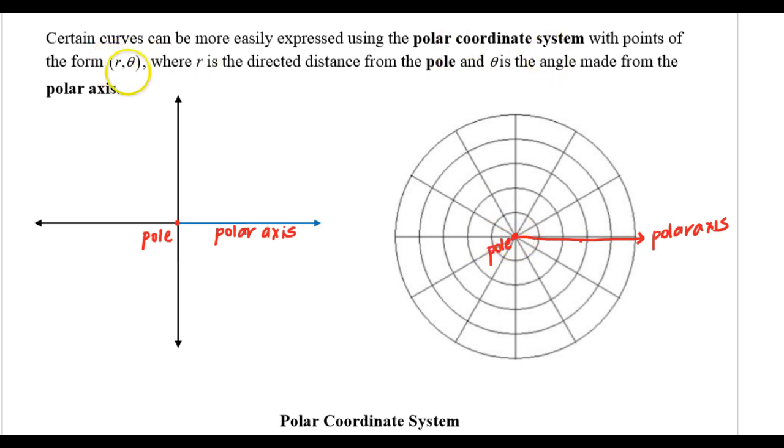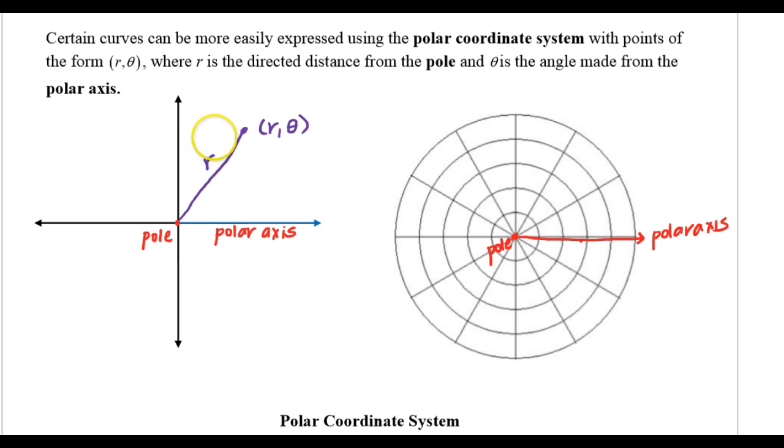Our coordinate points are now formed by thinking about the distance from the pole and the angle made from the polar axis. So I'm going to plot a point on this polar coordinate system. Let's say that one right there corresponds to a particular r and a particular theta. r is the distance from the pole, this straight line distance here.